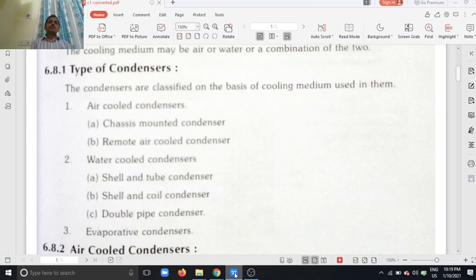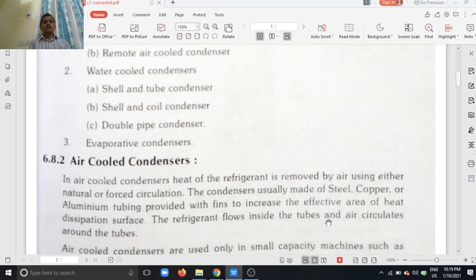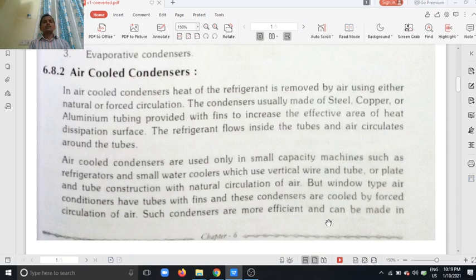Next, water cooled condensers. These are shell and tube condensers, shell and coil condensers, and double pipe condensers. Next, evaporative condensers. Now I start with air cooled condensers. In air cooled condensers, air is used as a cooling media to absorb the heat from the refrigerant.